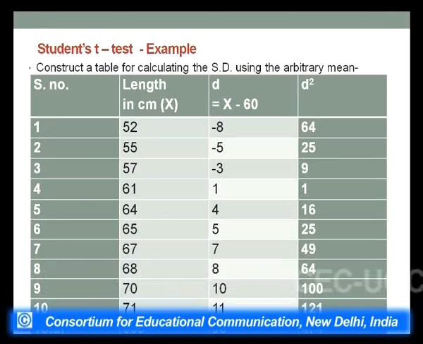Fine. So the biggest difference is that here you have one series of data, one assumption is there, and you want to prove whether this assumption is wrong or right. That was the student's T-test.